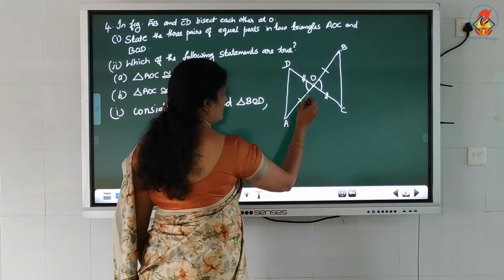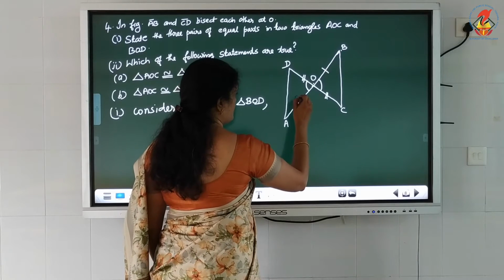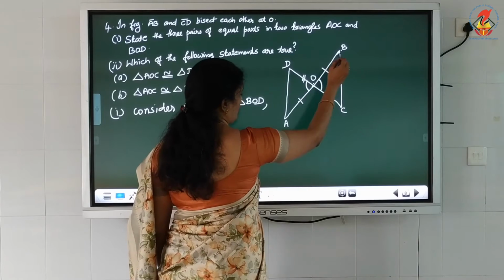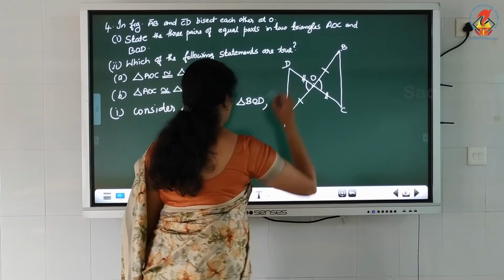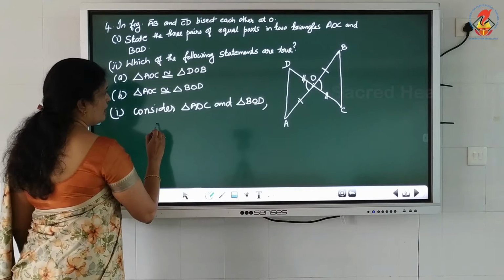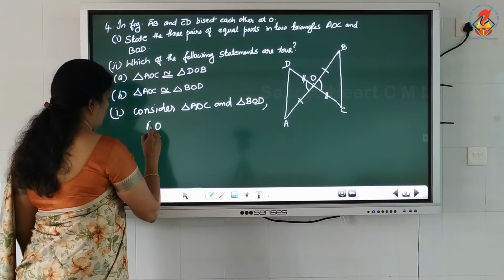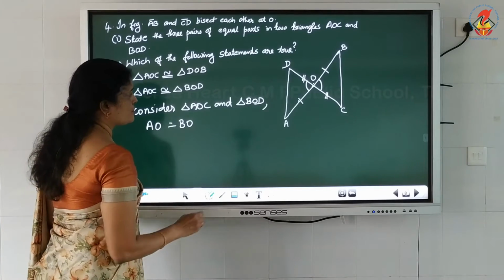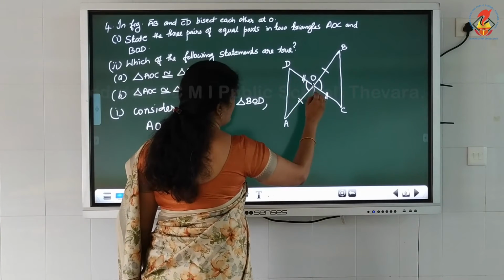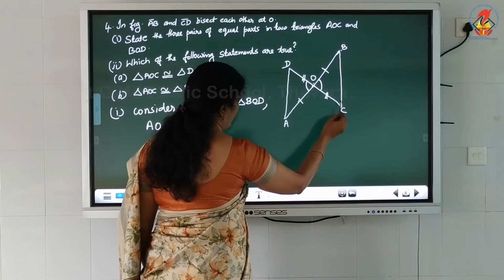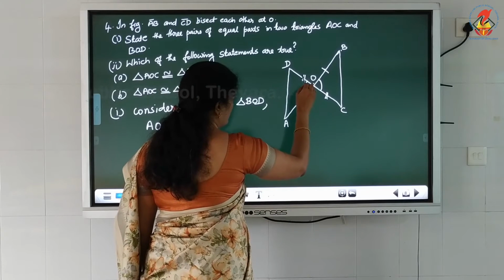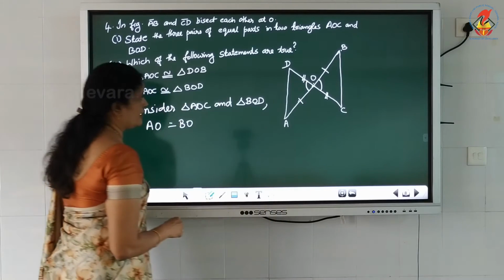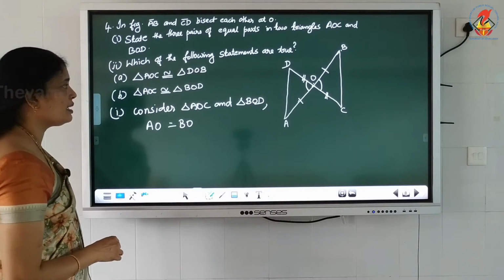Here these two sides have a single line on them, OA and OB. That means these two sides are equal. Then you can write AO equal to BO. Next one, what is it? Here the same thing, OD and CO are equal because on these two sides two lines are there. That shows that the two sides are equal.